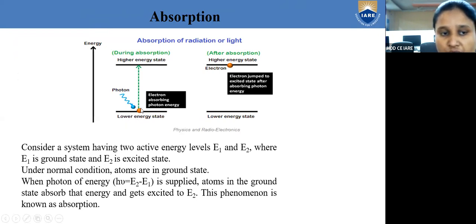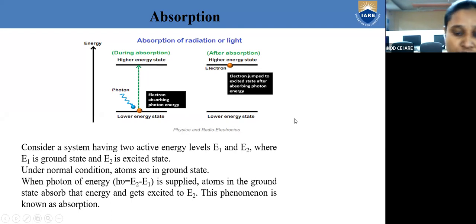Suppose I take one atom in the ground state and expose it to a photon whose energy should be h nu is equal to E2 minus E1. Then this atom or electron will absorb that energy and get excited to the higher state. That excitation of an electron from a lower state to a higher state by supplying energy in the form of a photon is nothing but absorption.